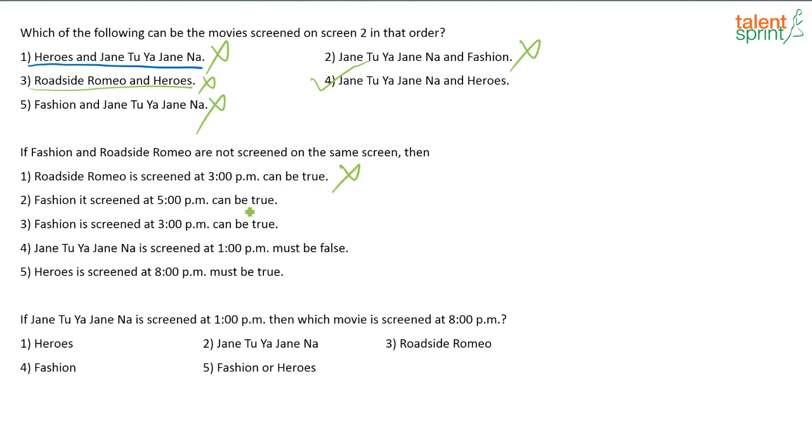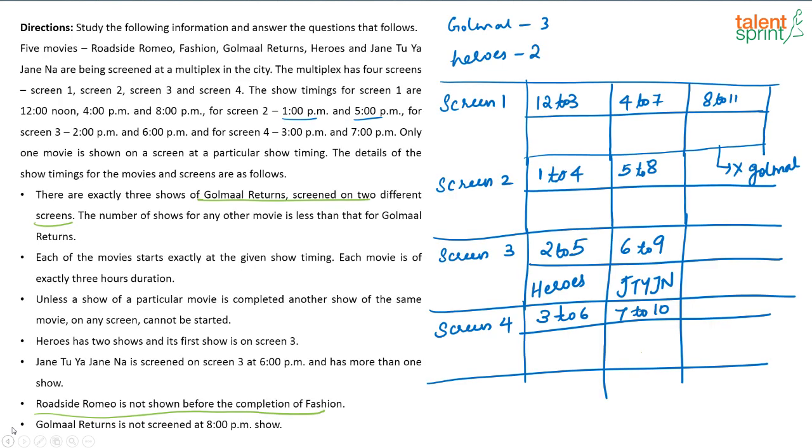Fashion is screened at 5 p.m. can be true. Let us try. Fashion is screened at 5 p.m., means this has to be Fashion. So obviously this has to be your Roadside Romeo, after Fashion only it can come. Now if these 2 are filled, where will I place the other one?